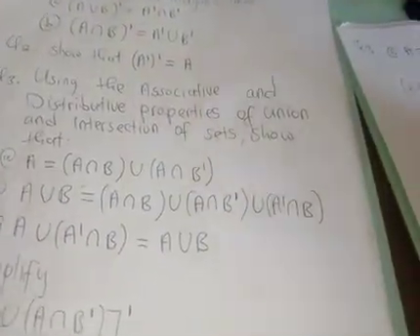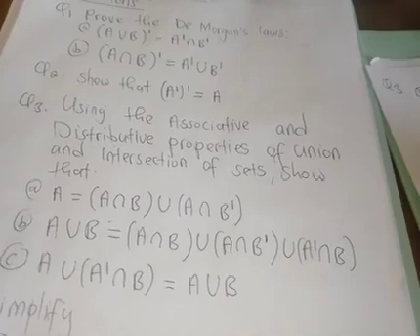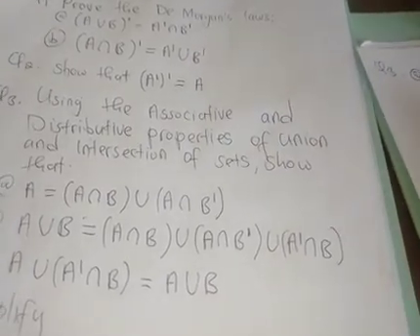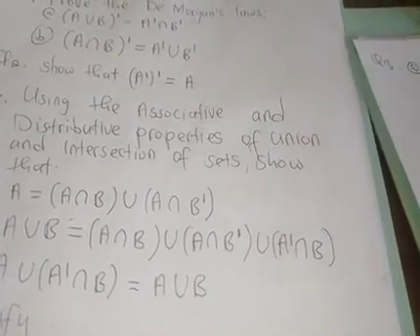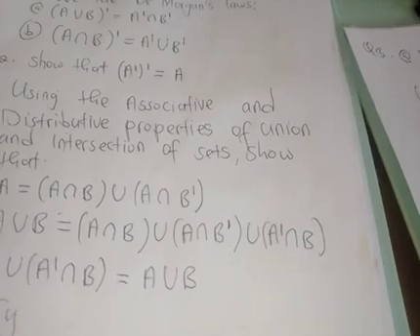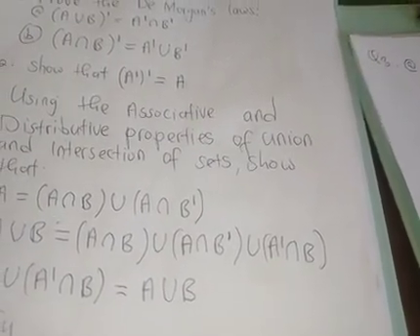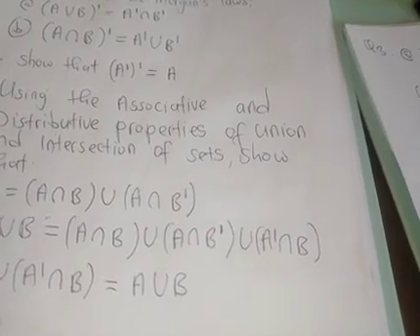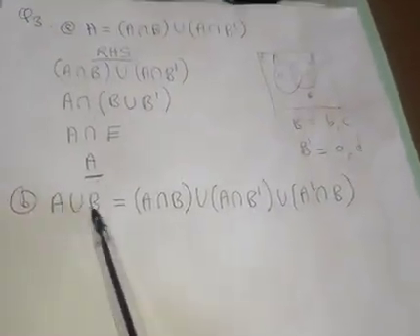Then for part B, let's check what we have. We have A union B being equal to A intersect B union A intersect B complement union A complement intersect B. We have to show that A union B is equal to that.